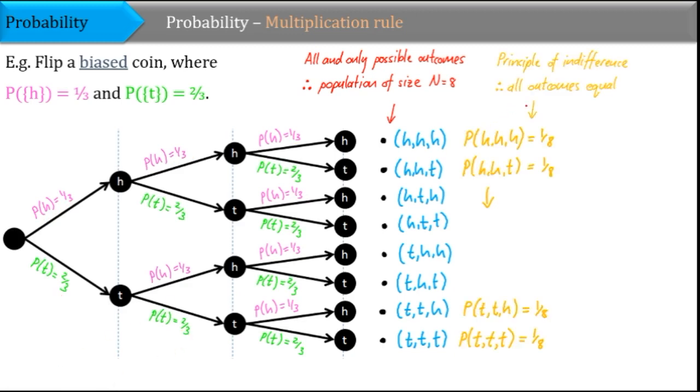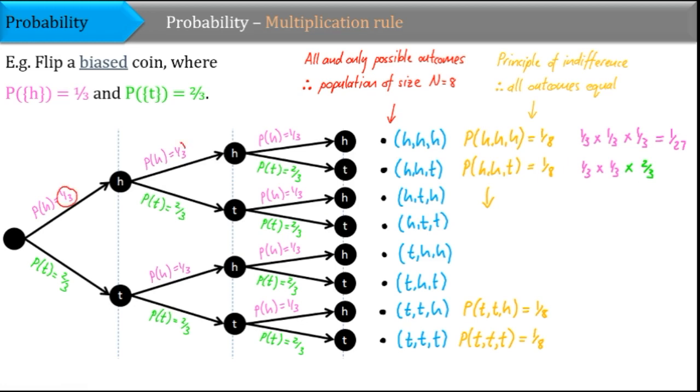Now, the principle of indifference says all outcomes are equal, so the probabilities must be 1 over 8 because this population size is 8. However, now the multiplication rule says multiply it. So it's 1 over 3 times 1 over 3 times 1 over 3. That's 1 over 27. The next one, 1 over 3 times 1 over 3 times 2 over 3.